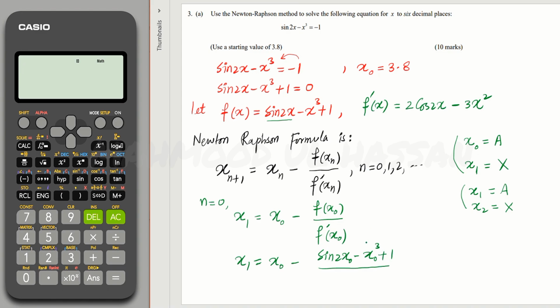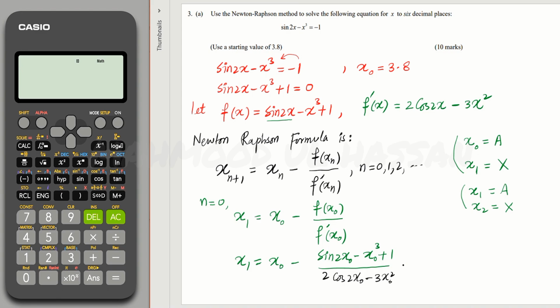It means we put x naught into f prime of x, so that becomes 2 times cos of 2x naught, then minus 3x naught squared.